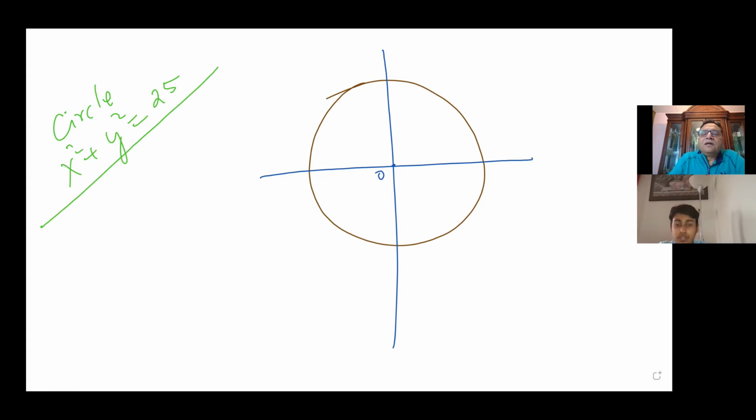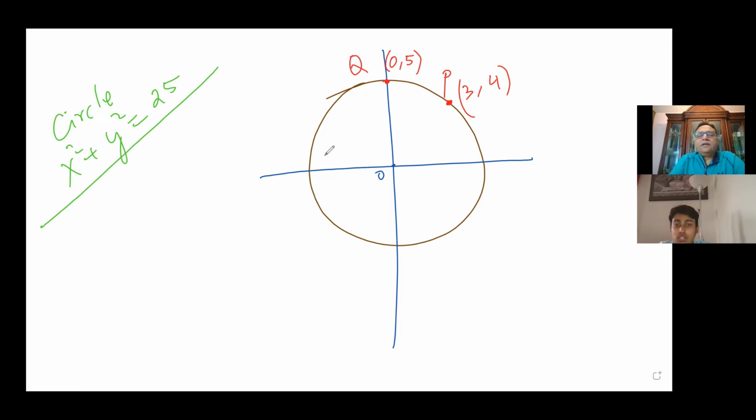And one of the points on this is definitely 3 and 4, because 3 squared plus 4 squared, square root gives you 5, correct? Yes, sir. One of the points is 3, 4. Now, I'm saying that this chord is between the point 3, 4, let's call this P, and this point Q will be 0, 5, right? Yes, sir.